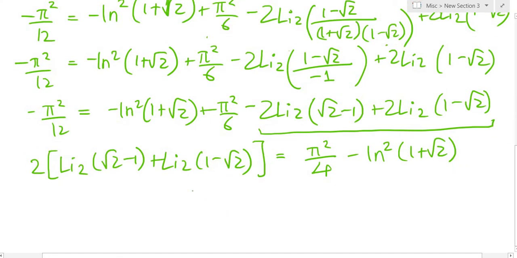But we want half of that, right, according to our original question. So we can divide by 4 on both sides.